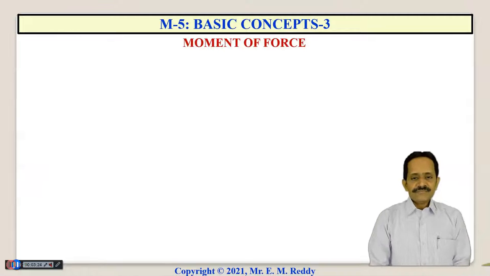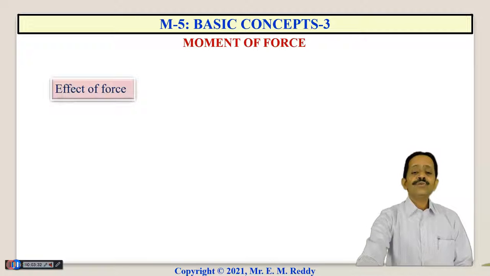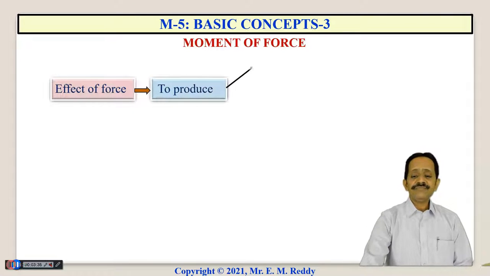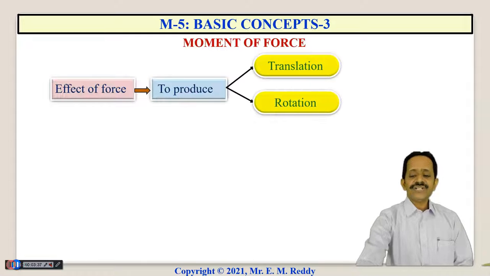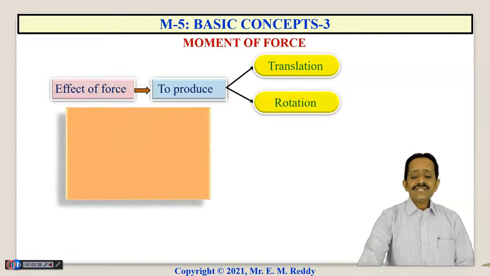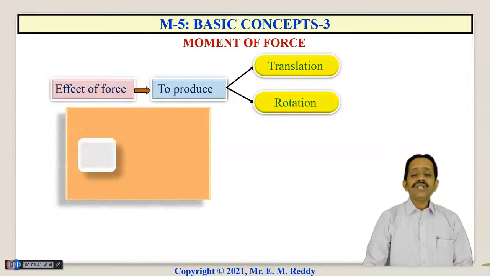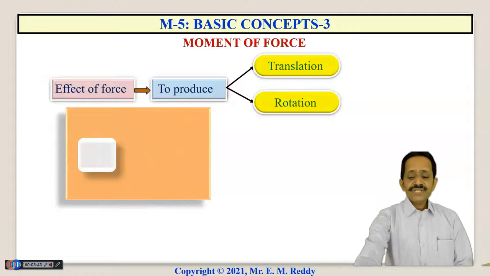Moment of force. What is the effect of force on the body? The effect of force on the body is twofold: to produce translation and to produce rotation. Let us consider a body which is kept on a horizontal surface. Say G is the center of gravity of the body.